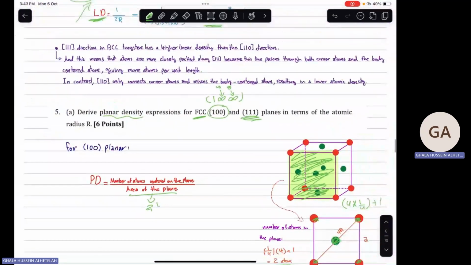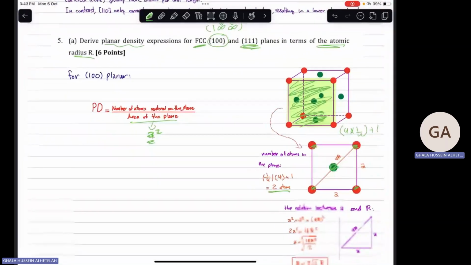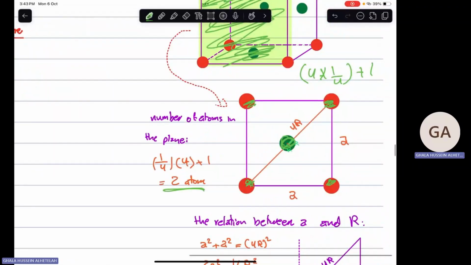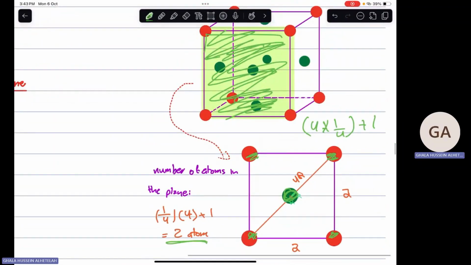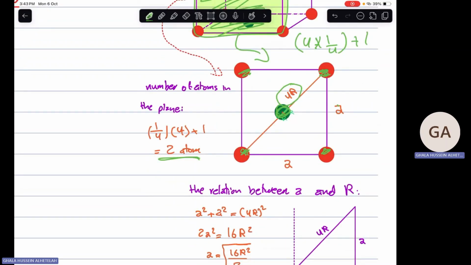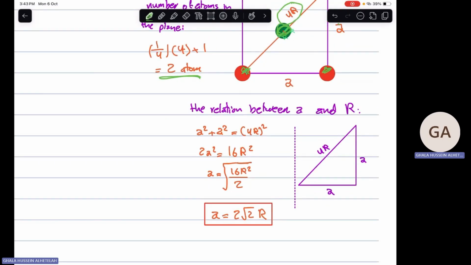He said that he wanted it in terms of radius, so we can't just say that the area is equal to a squared. We have to convert it into our terms. How can we convert it? We can take it from the Pythagorean theorem. Just take this plane and draw it like this. You will find this side is equal to a, the other side is equal to a, and the diagonal is 4r. Apply the Pythagorean theorem and you will find that a is equal to square root of 2 times 2r.